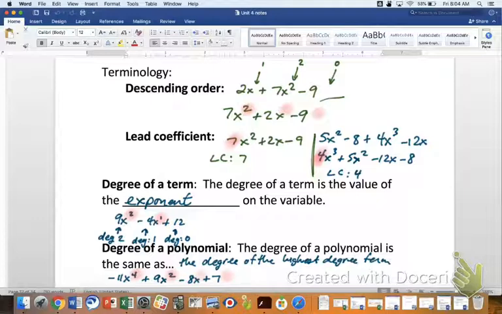So the degree of this polynomial would match the degree of the highest degreed term. Well, the highest degreed term is right here. It's x to the 4th. So this polynomial would be degree 4.